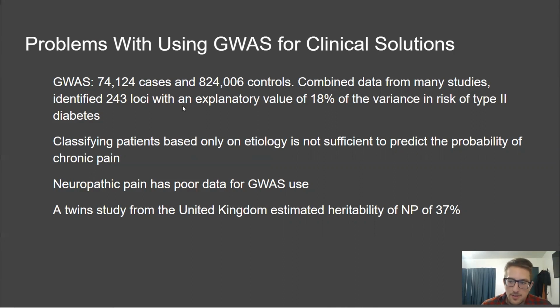What we get with that is 243 loci, which is a lot of genes in question. And with those loci, we explain 18% of the variance. So 18% of the reason why someone does or does not have diabetes can be explained by these 243 loci.